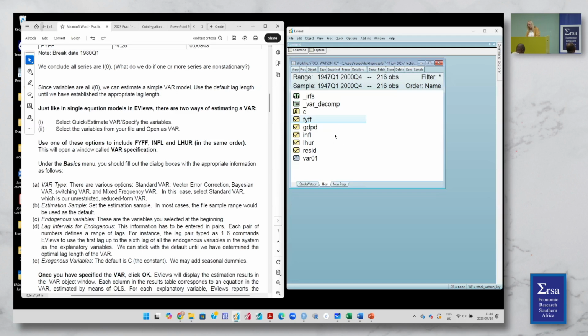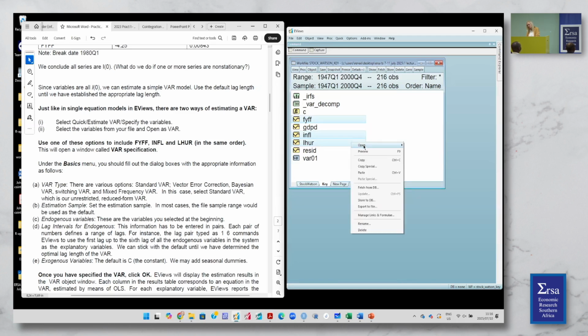In order to estimate that VAR, although it's here, let's do it all from scratch by selecting the most exogenous variable first: the policy rate, then the inflation rate, and then the unemployment rate.